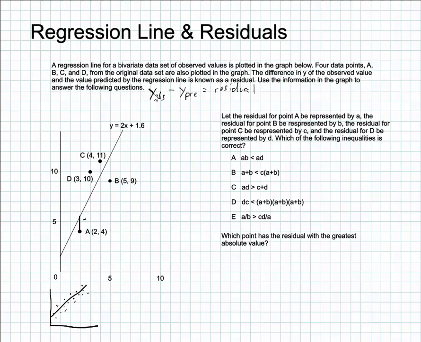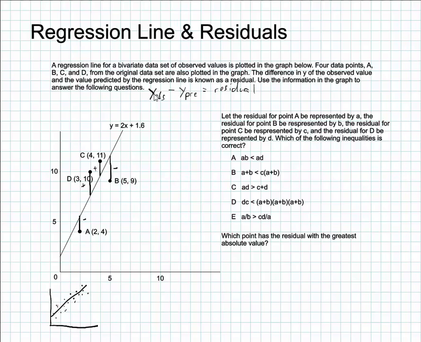Likewise, if you are above the regression line, like at point D, it's going to be positive. So I can go through and label these positive, positive, negative, negative, etc. So that's what a residual is. It's essentially the vertical distance between an actual point and the line of best fit.